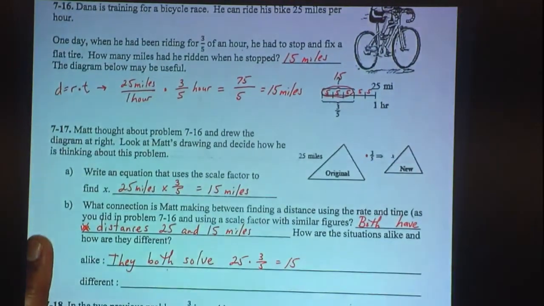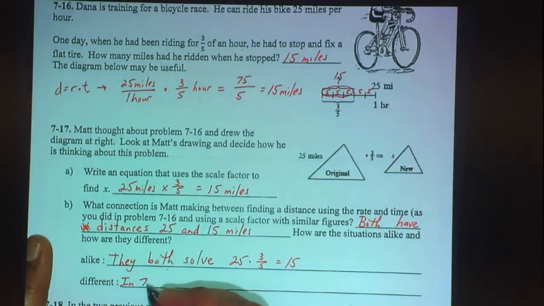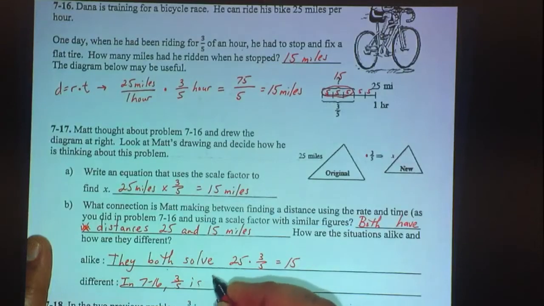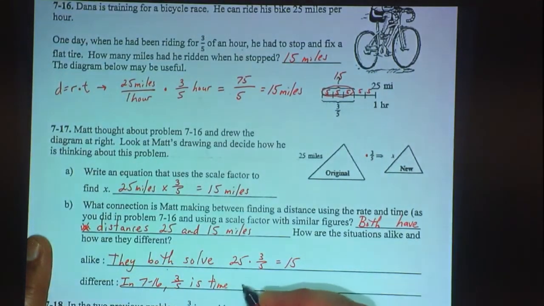And how are they different? Well, in 7-16, the 3 in 3/5 is time in hours.